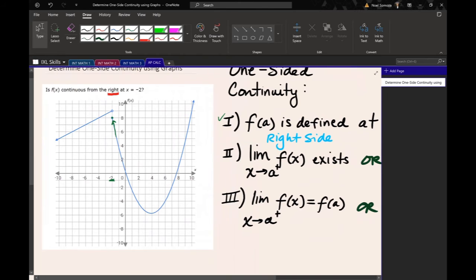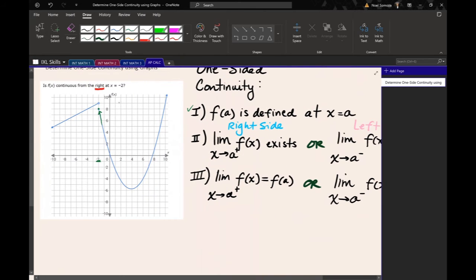All right, so we have part one satisfied, which says that f of -2 is defined. It's defined at 8. Part two, the limit as x approaches -2 from the right side exists, right? It does exist, and in fact, it is approaching +8.